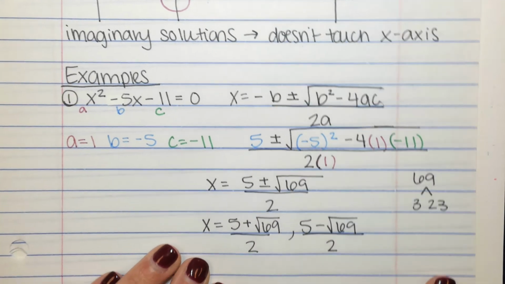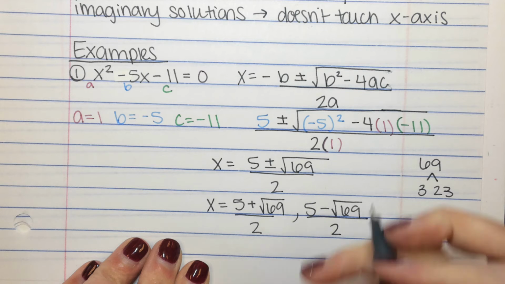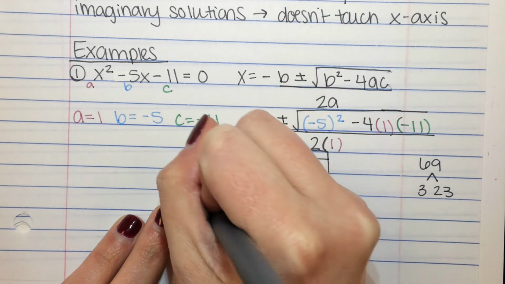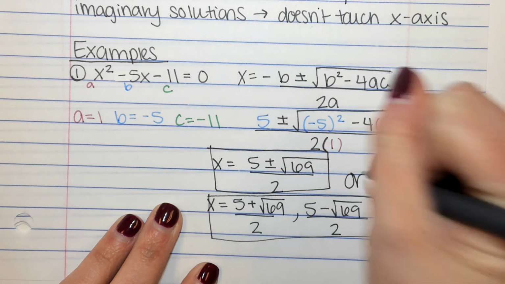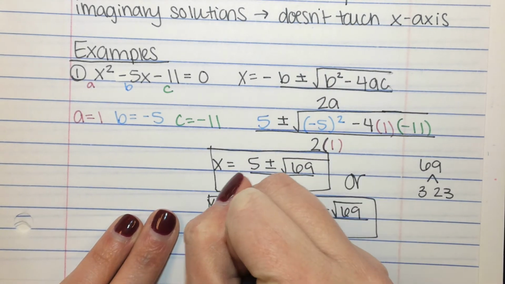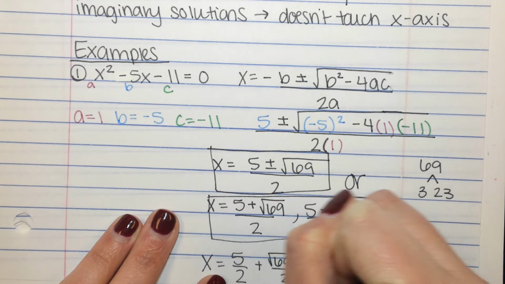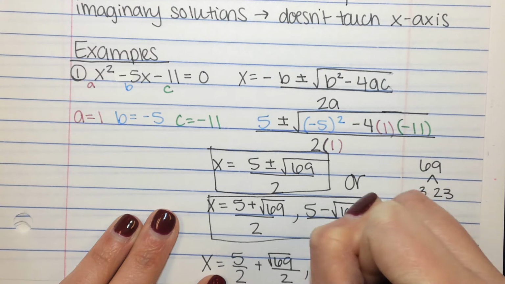Okay, and then occasionally you might see it broken up like this. I'm fine with either of these two answers. Whatever Math Excel takes is good for me. But you could see it like this, x equals 5 over 2 plus the square root of 69 over 2, and 5 over 2 minus the square root of 69 over 2.